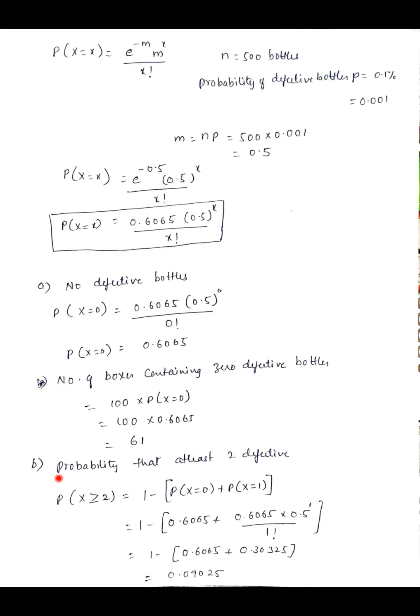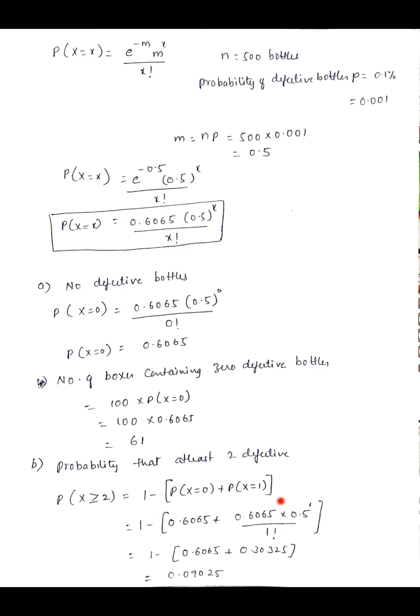The next one is the probability that at least 2 are defective. That means from the 100 boxes, how many boxes will have at least 2 defective bottles. That is probability x more than or equal to 2, which equals 1 minus the probability x = 0 plus the probability x = 1. At least means you remember this formula: 1 minus P(x = 0) plus P(x = 1).